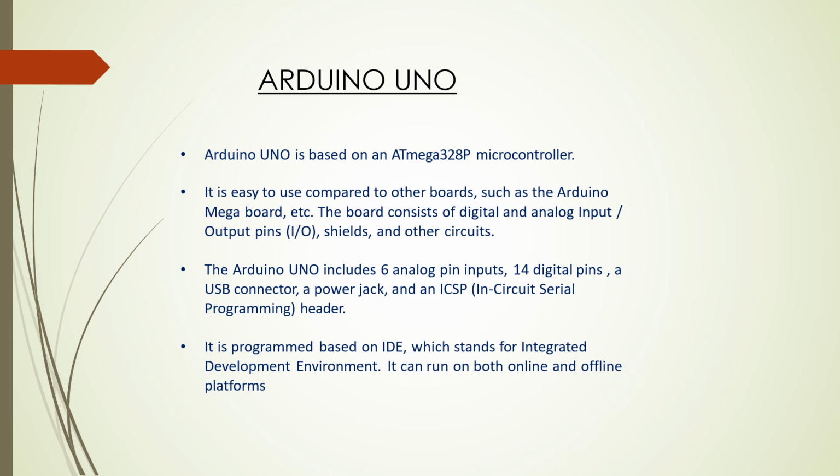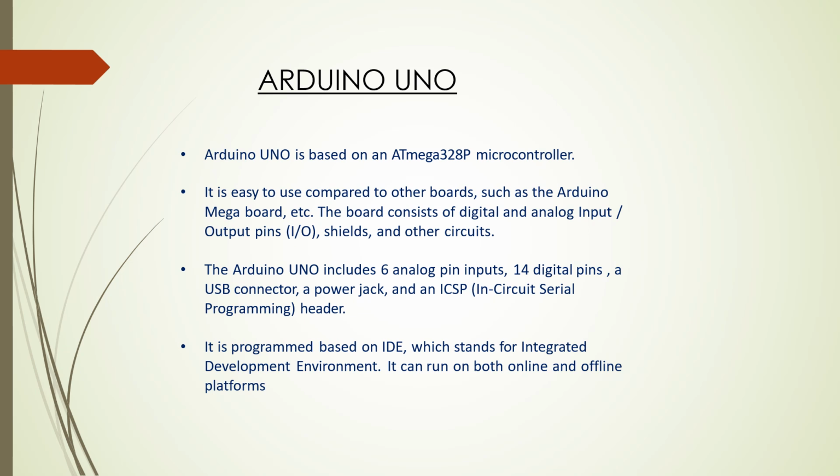The first one is Arduino Uno. Arduino Uno is based on the Atmega 328P microcontroller. It is easy to use compared to other boards, so we can use this very easily. We can understand its architecture and pins very easily compared to other boards such as the Arduino Mega board.